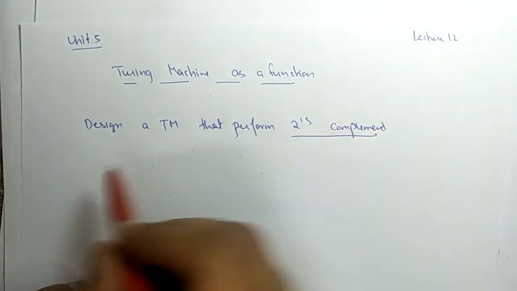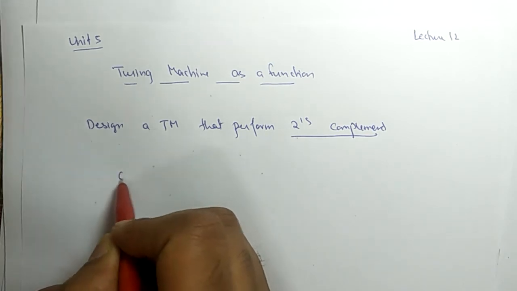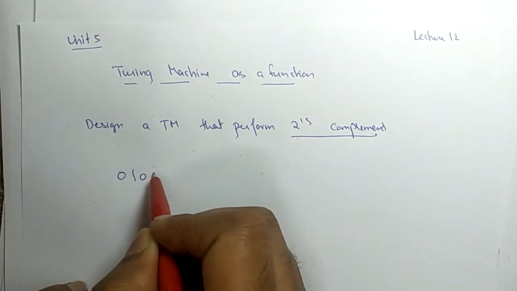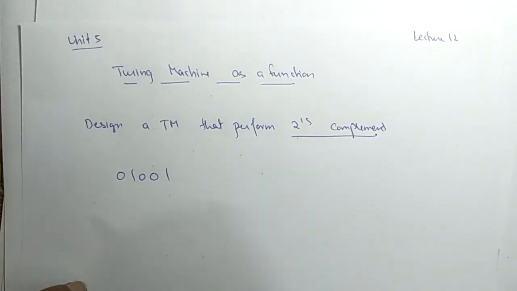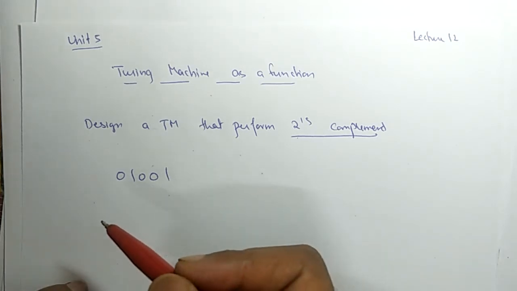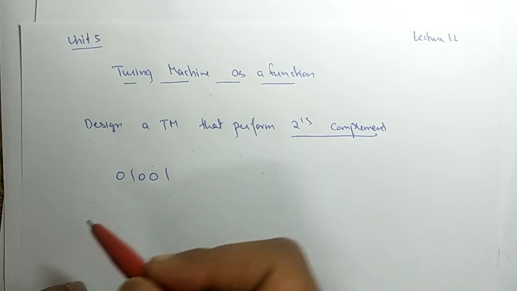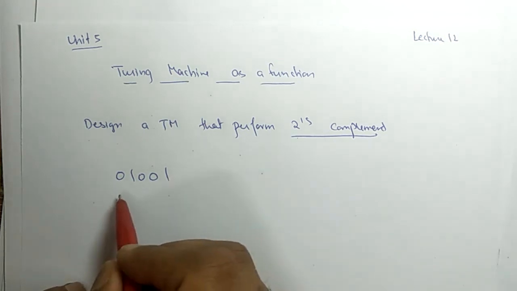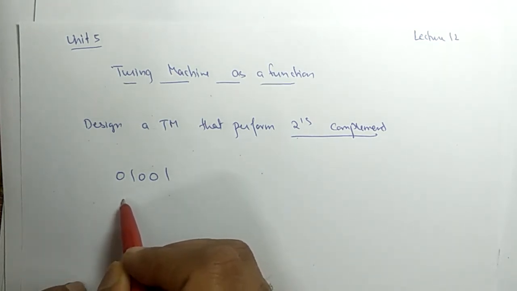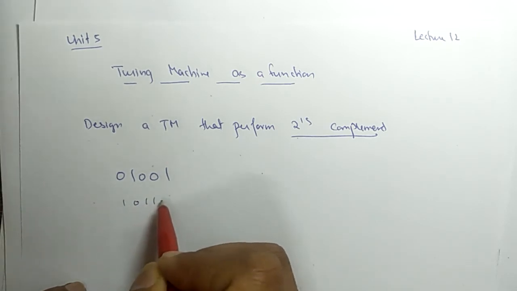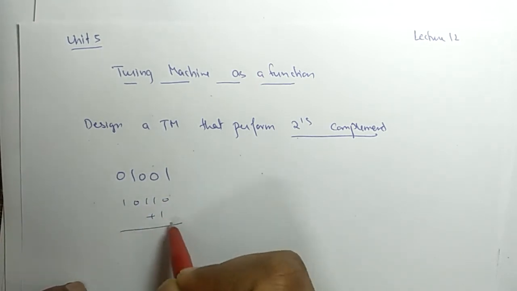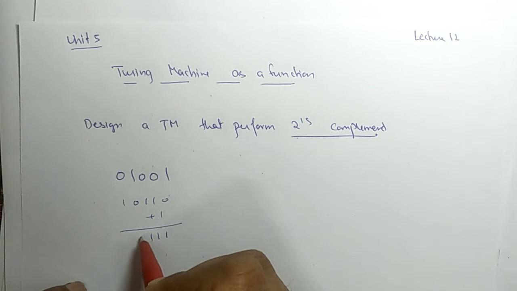And we know that suppose we have a number 0 1 0 0 1, and what will be the 2's complement? First we will find the 1's complement and add 1, so it will be 1 0 1 1 0 plus 1, it becomes 1 0 1 1 1.